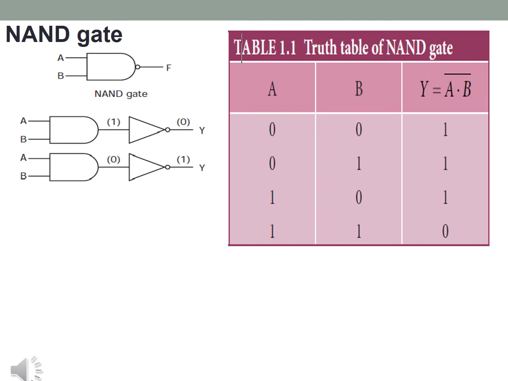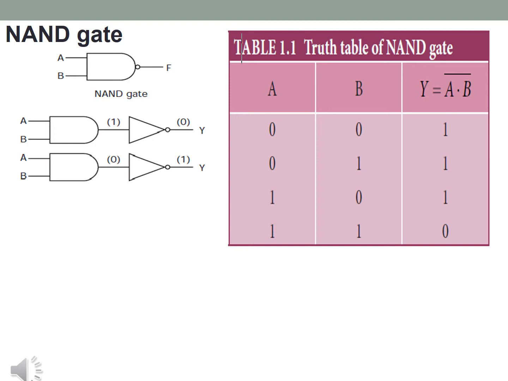Next, 0 into 1 is 0, but taking the complement you get 1. Next is 1 0: that is also 0, and taking the complement gives 1. Then 1 1 is 1, but taking the complement you get 0. Did you understand what I am saying?